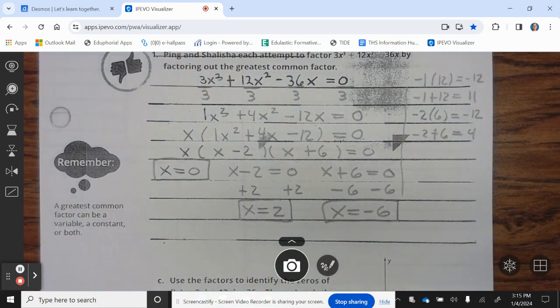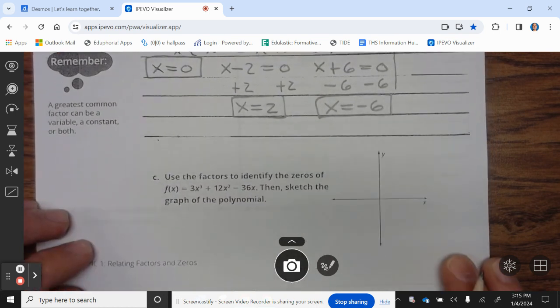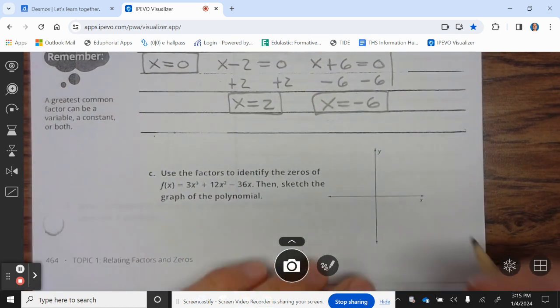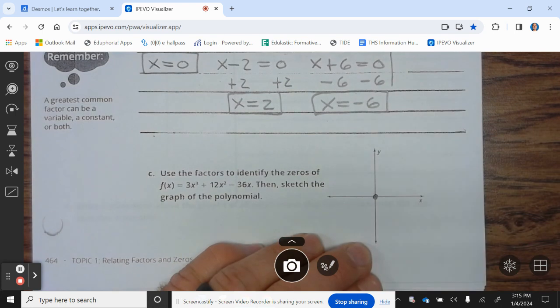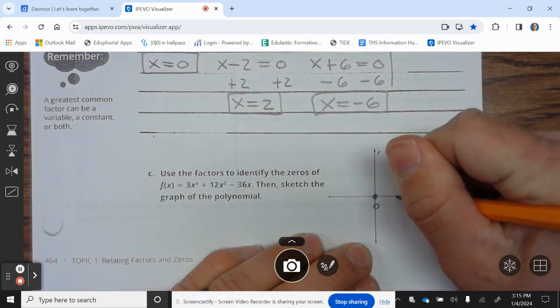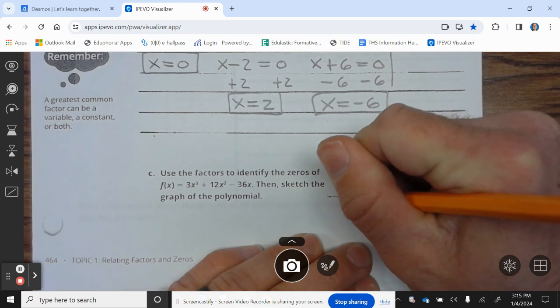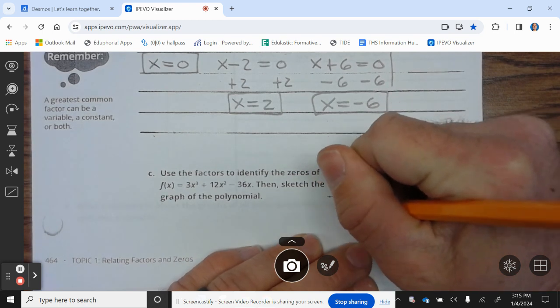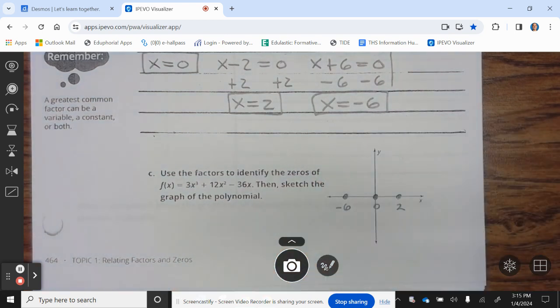So there are your zeros. Okay. So to graph them, well, there's 0. There's 2. And there's negative 6. Now to sketch the curve, we're going to use Desmos.